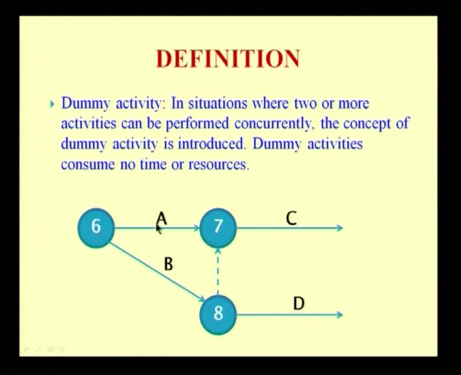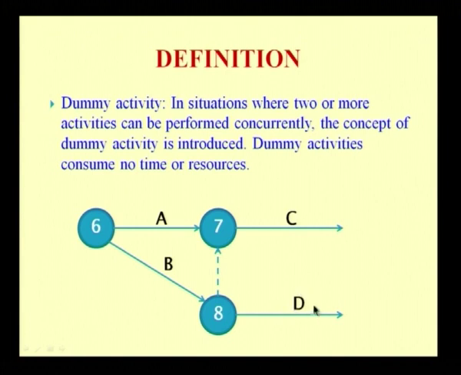An activity A is starting at event 6 and getting ended at event 7, and at the same time an activity B is getting started at event 6 and ending at event 8. Now I do not have any predecessor activity before I start with activities A and B, so I could do these two things parallelly.